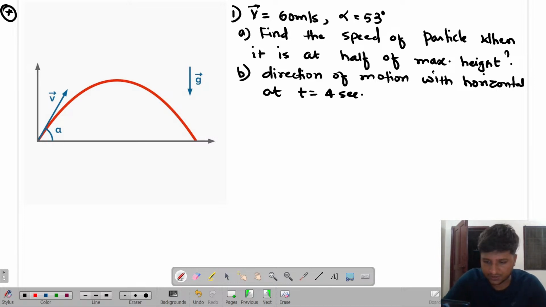This whole projectile motion is happening under gravity, and gravitational force is a conservative force. So whether you throw it up or down on an inclined plane, its kinetic energy might not remain conserved, its potential energy might not remain conserved, but total energy is always conserved.